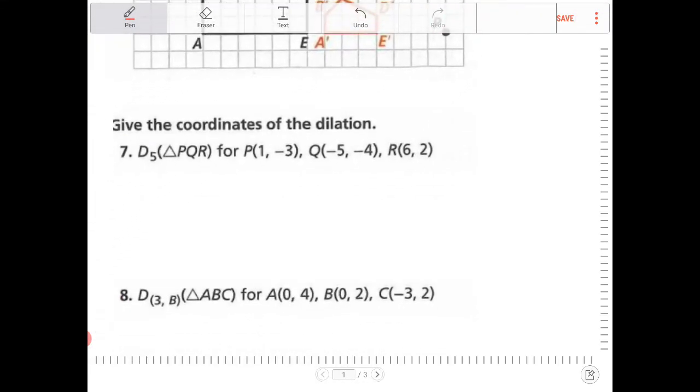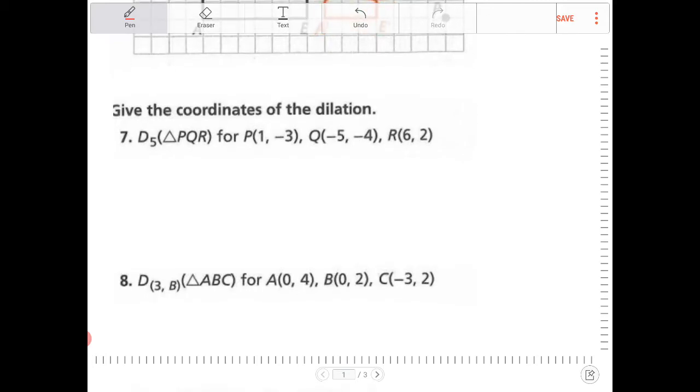Alright, so give the coordinates of the dilation. In other words, they want us to figure out what exactly are the coordinates of P prime, Q prime, and R prime.